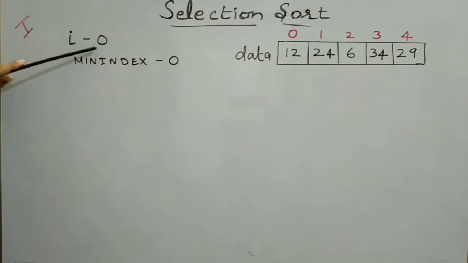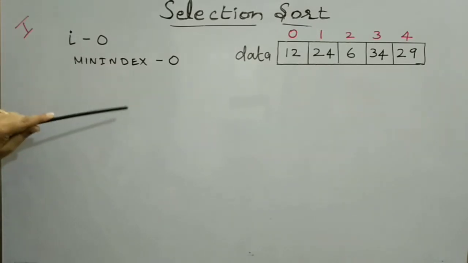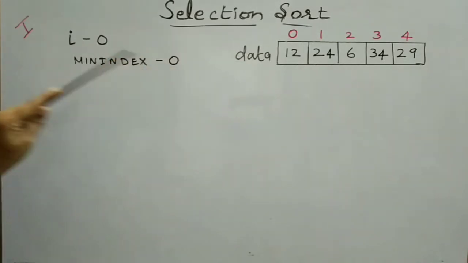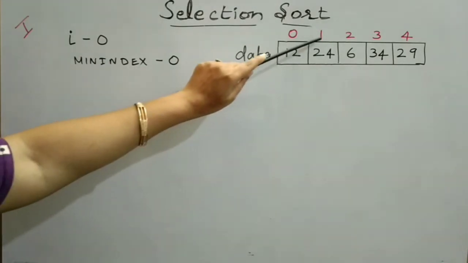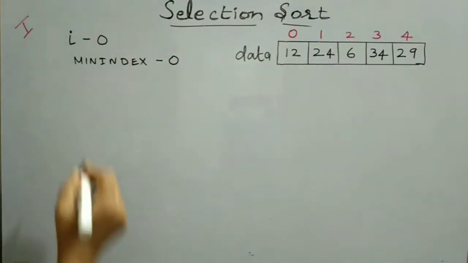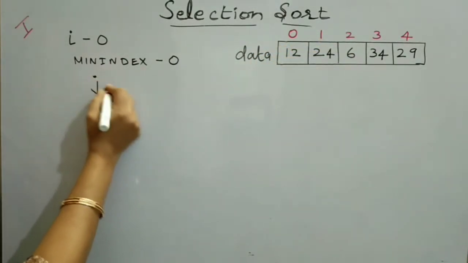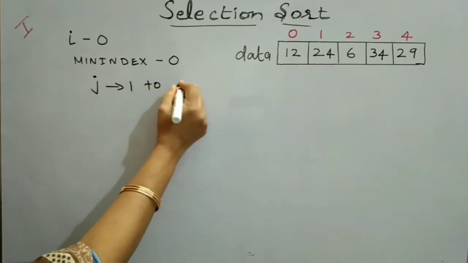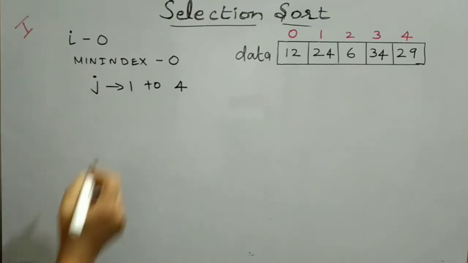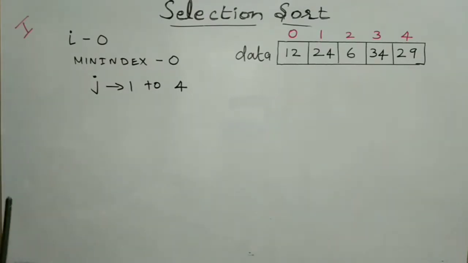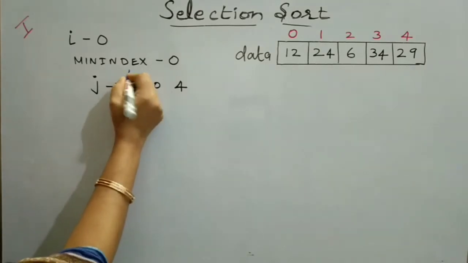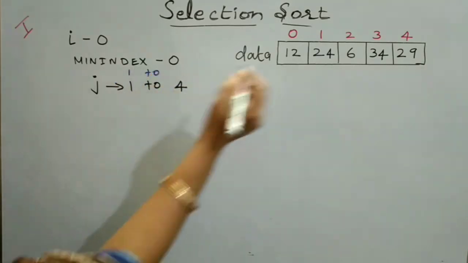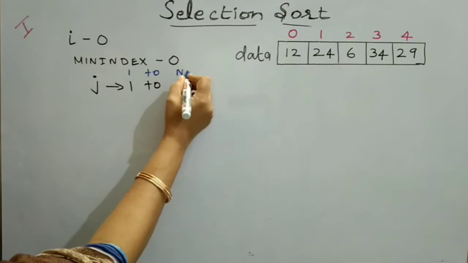The element in this minimum index is compared with all the subsequent elements. The index positions of the subsequent elements are 1 to 4, so now J takes the value 1 to 4. In general it is I plus 1 to n minus 1, where 4 is n minus 1.